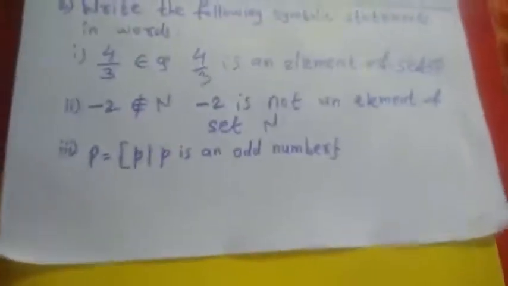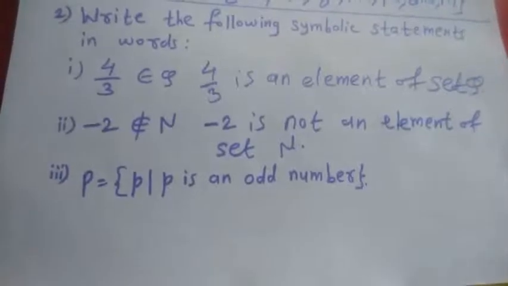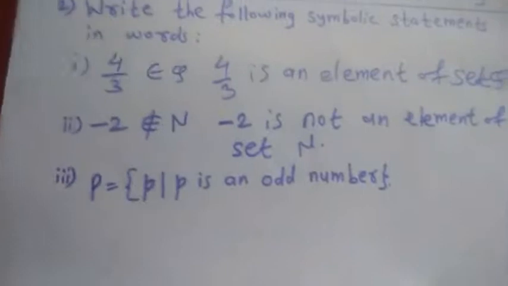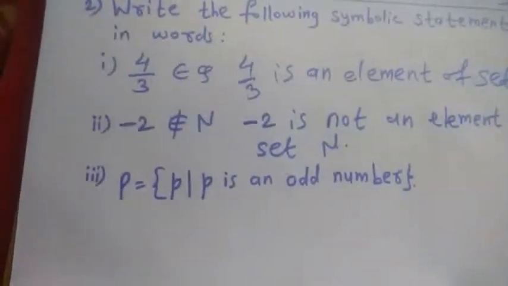Third example, capital P is equal to {p such that p is an odd number}. So read this statement.